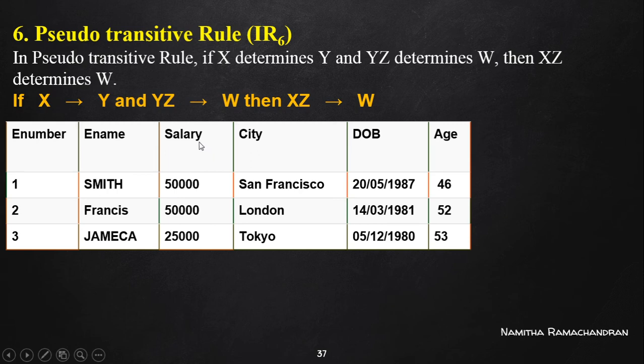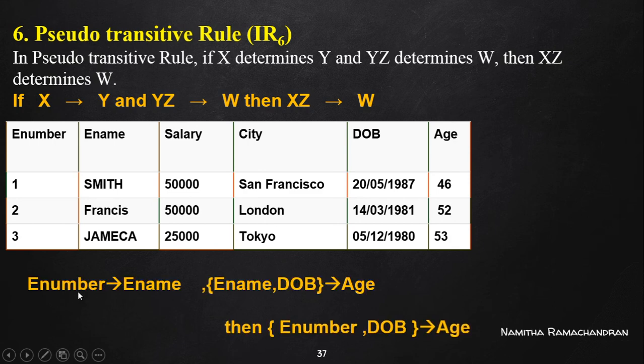Consider one example. Employee table with two more attributes: E number, E name, salary, city, date of birth and age. So E number implies E name is a valid dependency given. That means if we know the number of our employee, then we can identify directly its name, which is a given valid dependency.